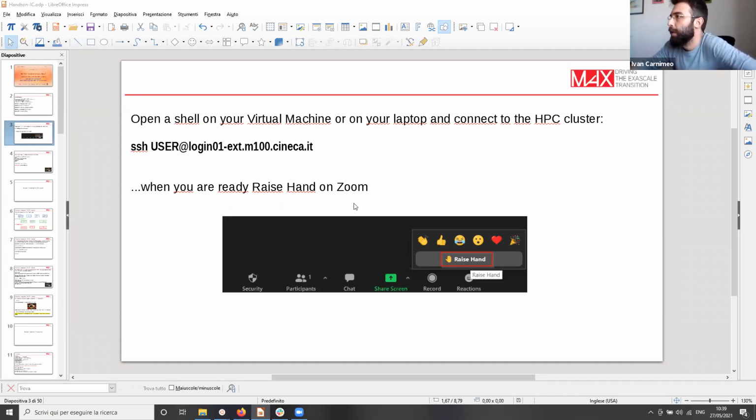You will also find these instructions in the readme.md file in the day 9 folder. So please connect to the cluster, and once you are connected, raise your hand so I can see how many of you are.